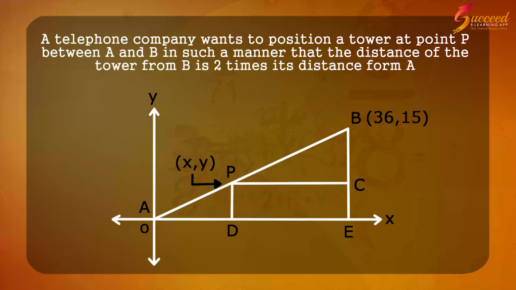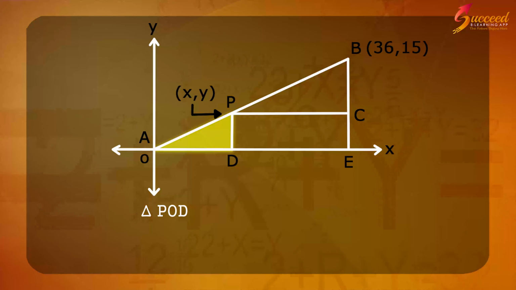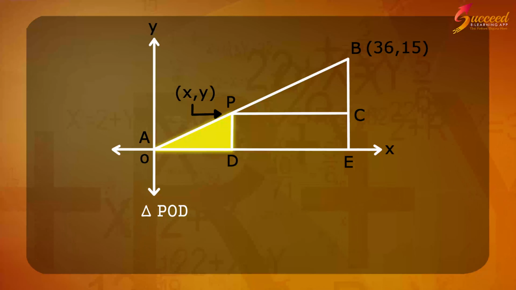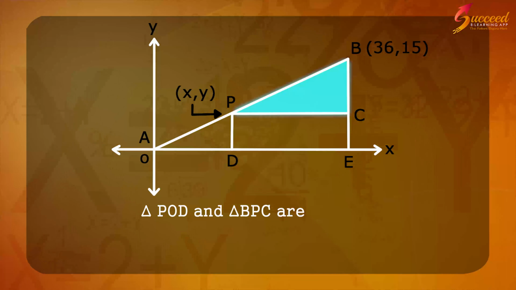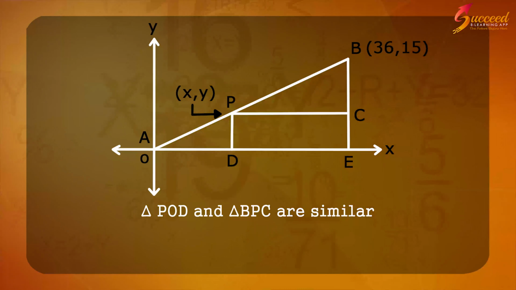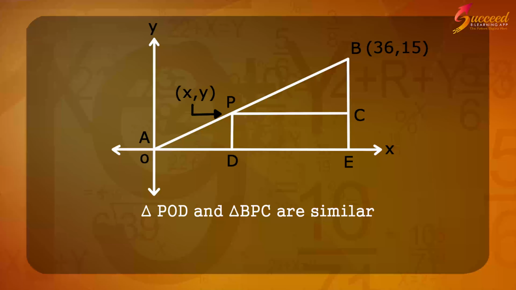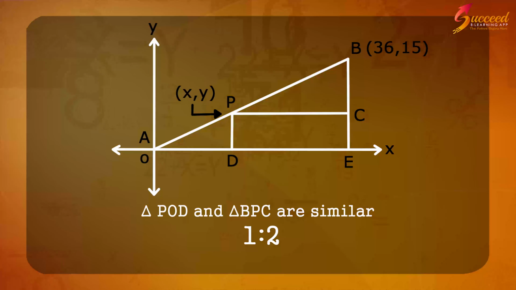Basis the similarity criteria studied in the previous chapter on triangles, we can conclude that the two triangles, triangle POD and triangle BPC, are similar, which implies that all the three sides of the triangles are in the ratio 1:2.